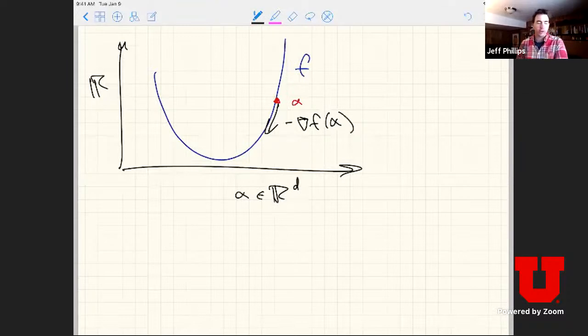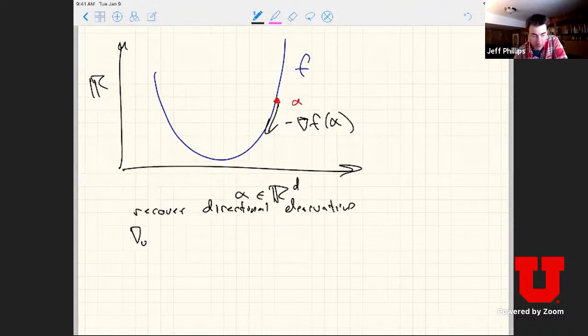Okay, so what this tells us is that I can recover the directional derivative of f at alpha. I can recover this, it turns out, by nabla, the gradient of f at alpha, dot with the direction u.